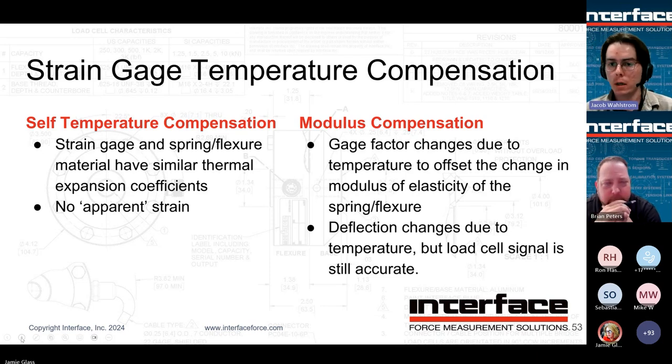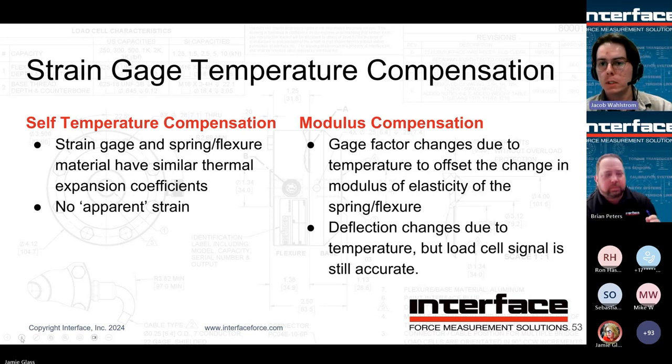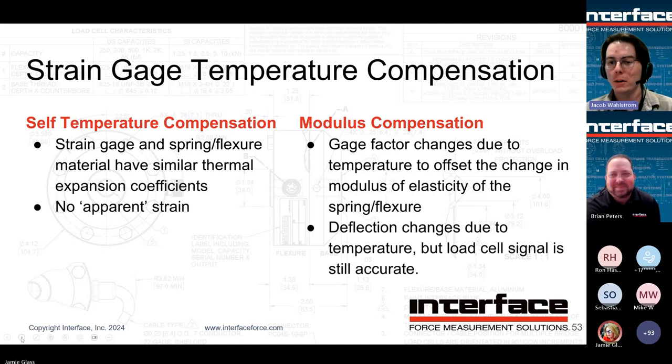And then on the right there, modulus compensation. If you remember back to mechanics of materials, the modulus of elasticity can change a little bit due to temperature.